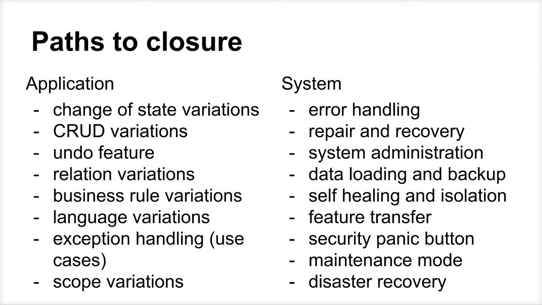Look for creation, read, update, delete variations, CRUD variations that may not have been covered. Look for an undo feature. Look at the inherent relations in the data model or the database design to see if there's some relations there that may not have been surfaced to the user interface or may not have been covered in enough depth.